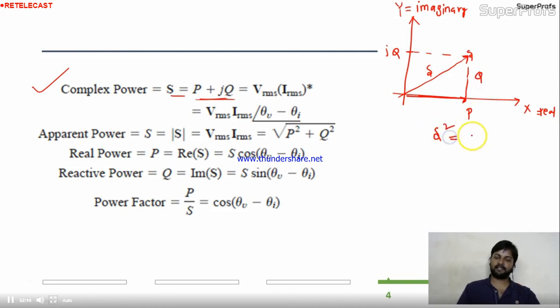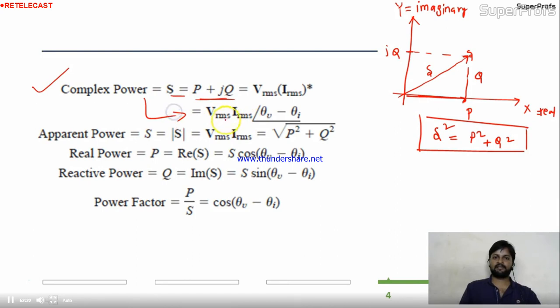So here I can write S squared is nothing but P squared plus Q squared, by Pythagoras. The complex power S is given by Vrms, Irms and the angle between them. The apparent power, as I called it, is the square root of P squared plus Q squared.